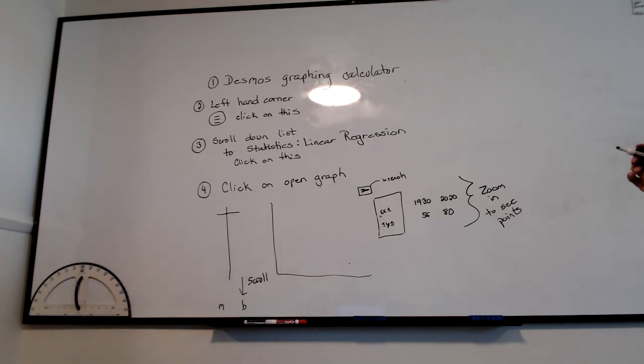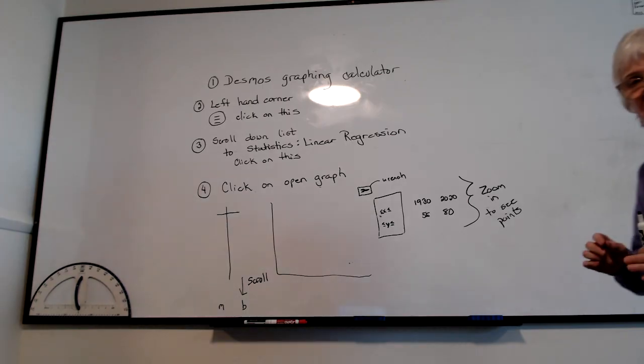It will give you an M and a B. And that M and B is the equation, or the slope and the intercept, for the line that fits your data the best.